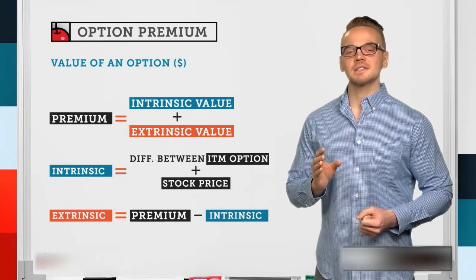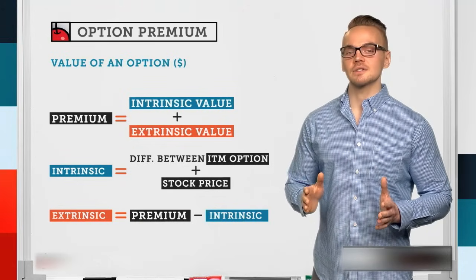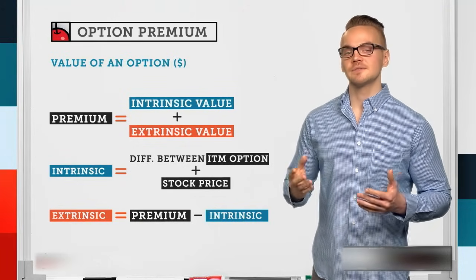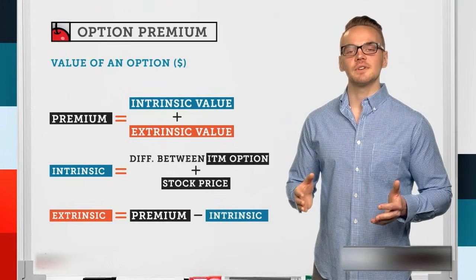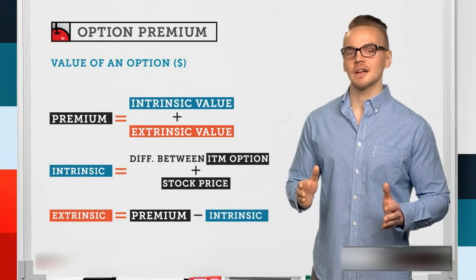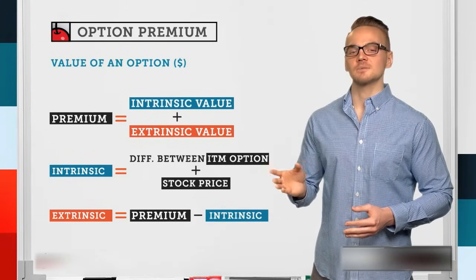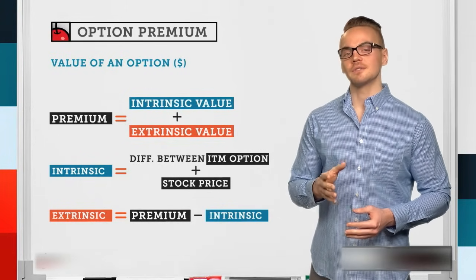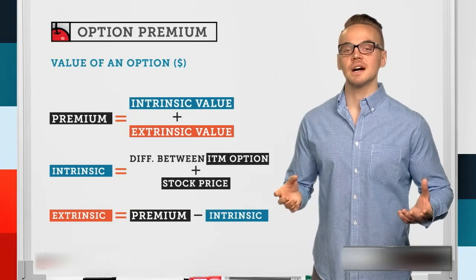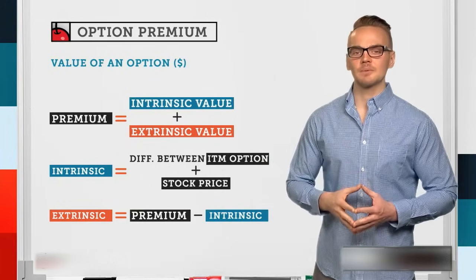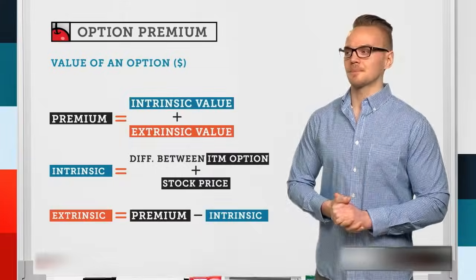Chances are that option is not trading for exactly $5, its pure intrinsic value. Let's say it's trading for $6.50. Knowing I have 5 points of intrinsic value, I take $6.50 and subtract 5, so I've got an extrinsic value of $1.50, or $150 in real-life dollar terms. Let's go to the next slide and break down premium a little further.